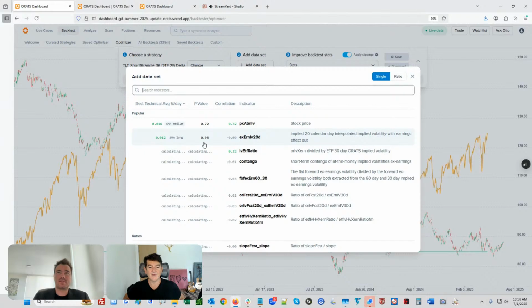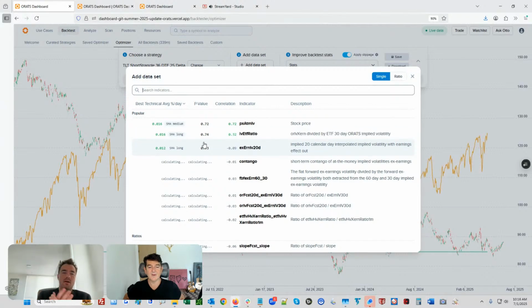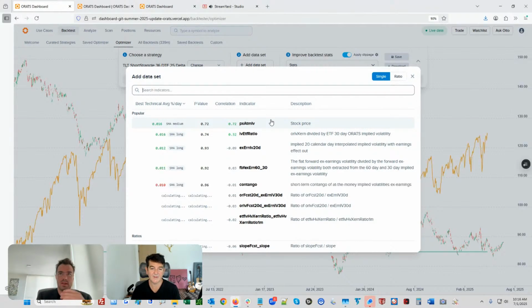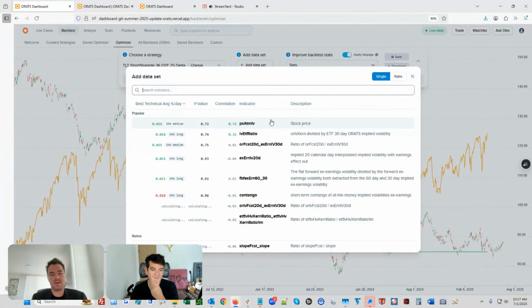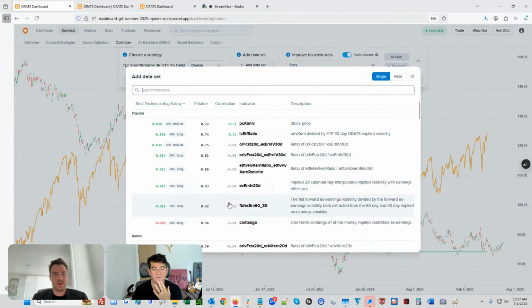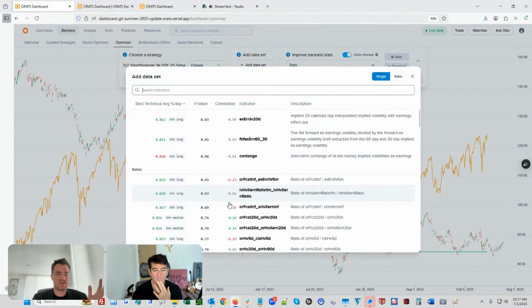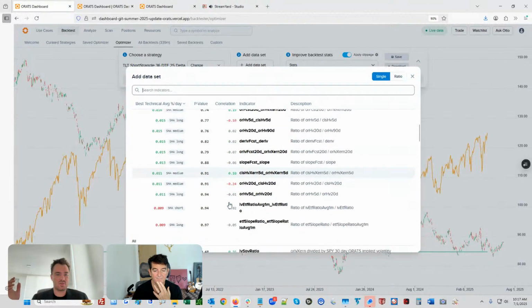Yeah, so we're testing the short, medium, and long-term simple moving average in both directions. So comparing the 10-day to the 20-day, less than or greater than, the 20-day to the 50-day, less than or greater than. And we're comparing the technical indicators on the ORATS indicators, so it's not just technical indicators on the actual stock price.